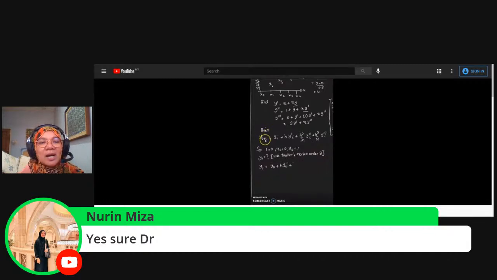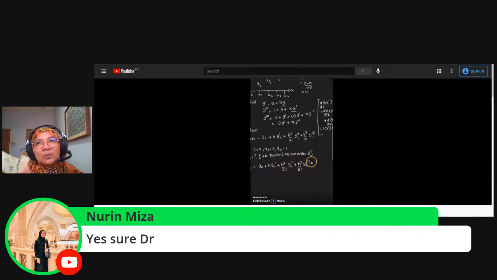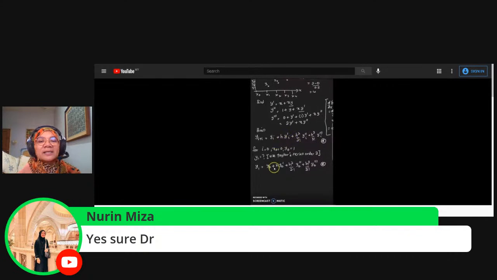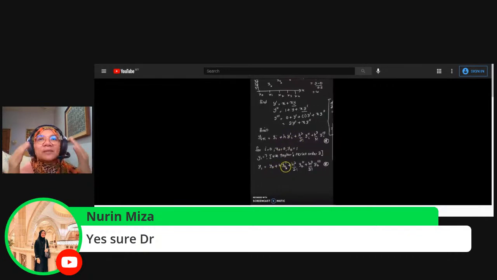With i equal to 0, i plus 1 is 1, giving y1. Be careful here because i is the grid index, moving from 0, and i plus 1 is 1. Then you have y0 prime prime and y0 prime prime prime. All the information you can get from the previous step.